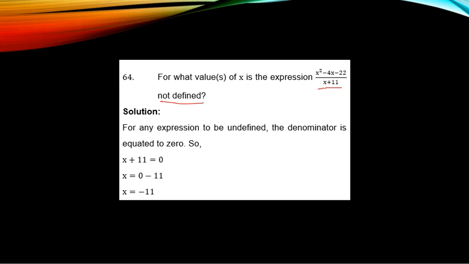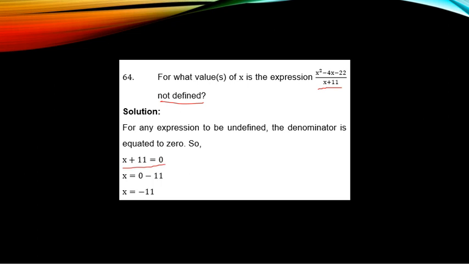For this expression to be undefined, the denominator must be 0, because you cannot divide anything by 0. Now that you have S plus 11, what will S be such that the denominator becomes 0? S must be minus 11. So to get minus 11, you equate S plus 11 to 0.